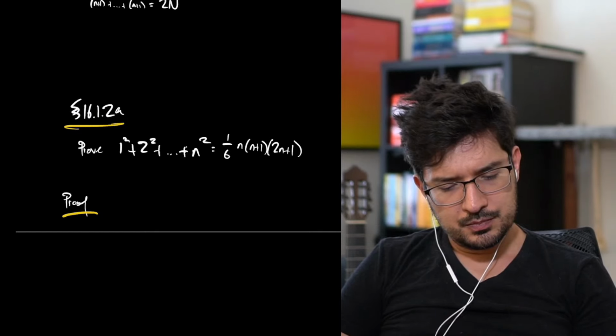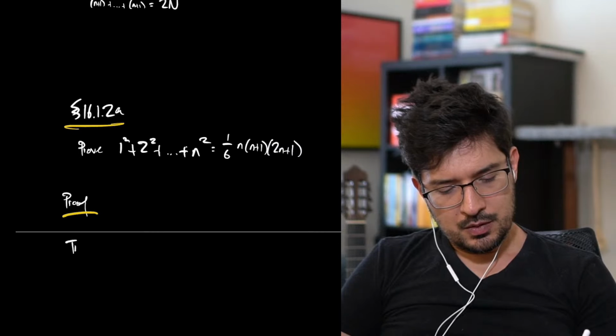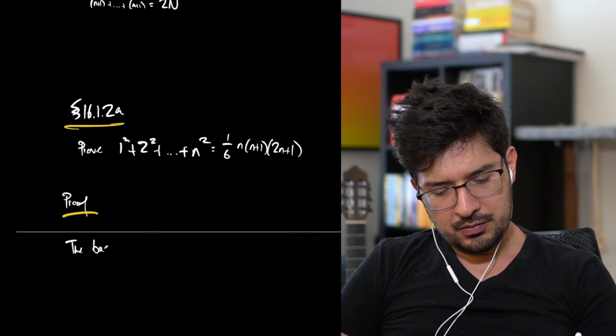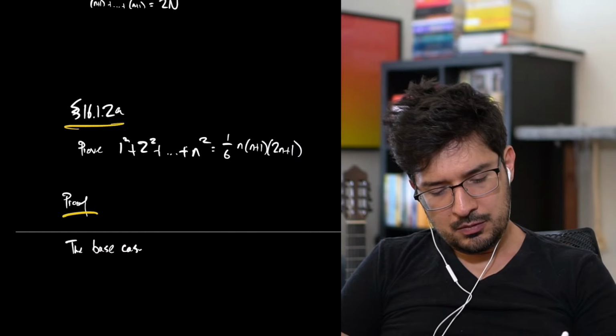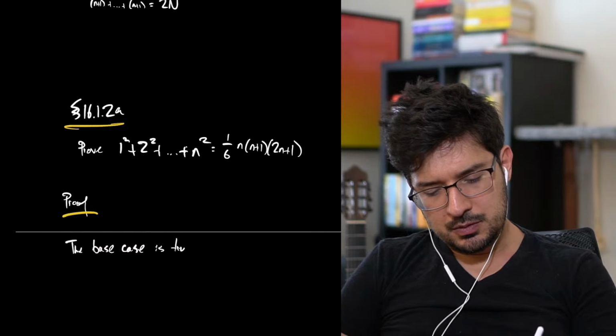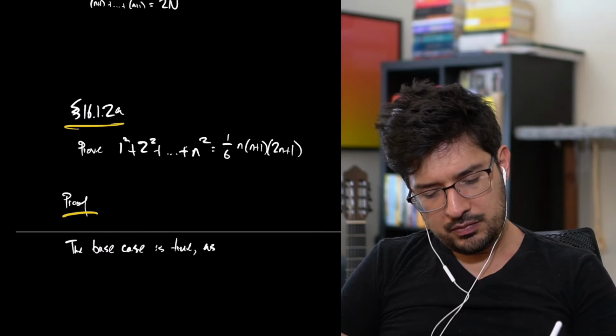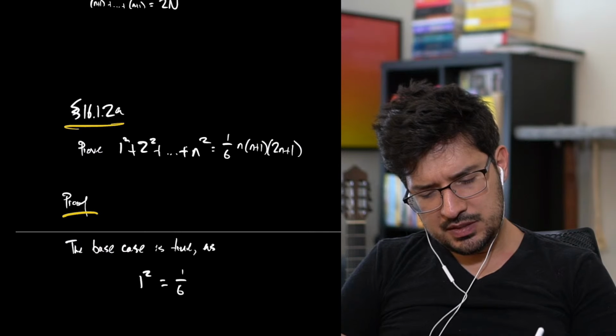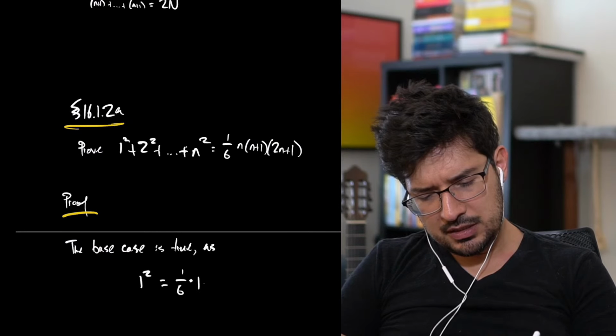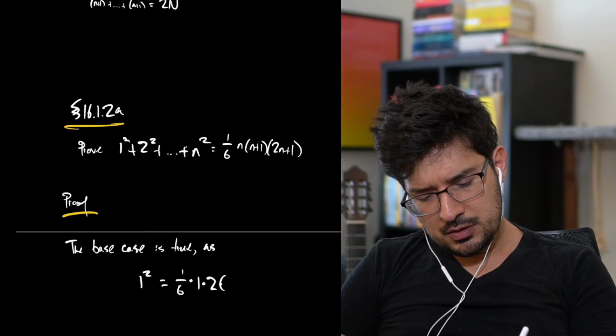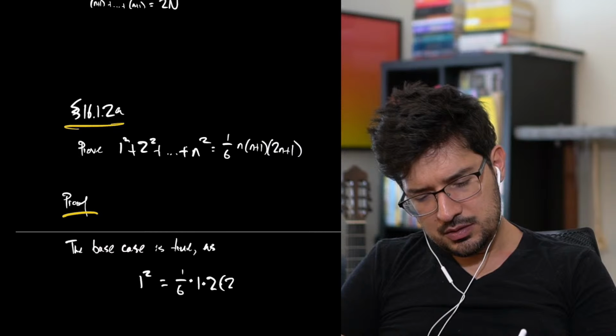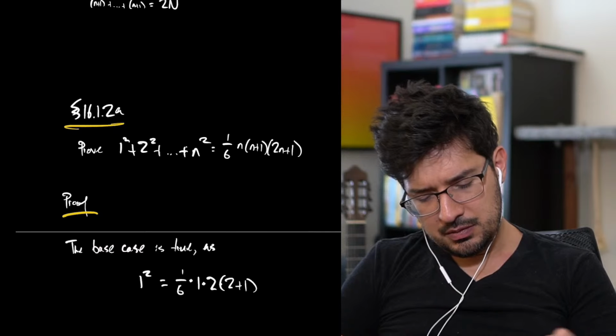The base case is true as 1 squared should be the same as 1/6 times 1 times 2 times 2 plus 1.